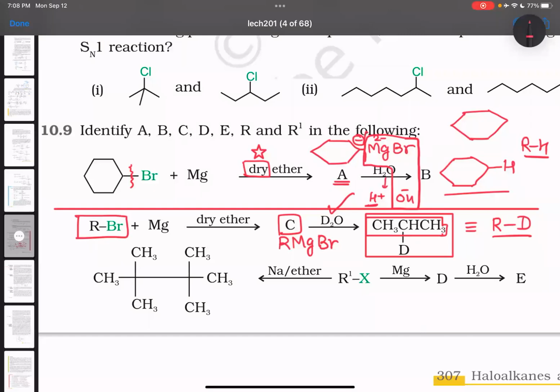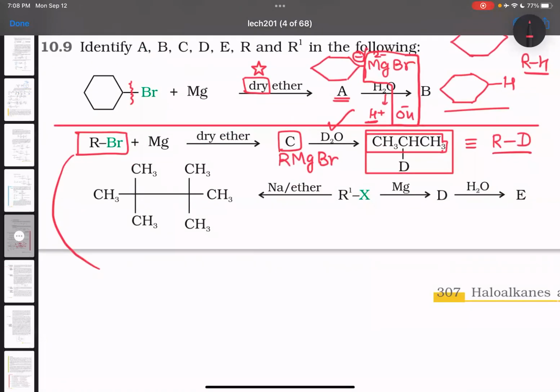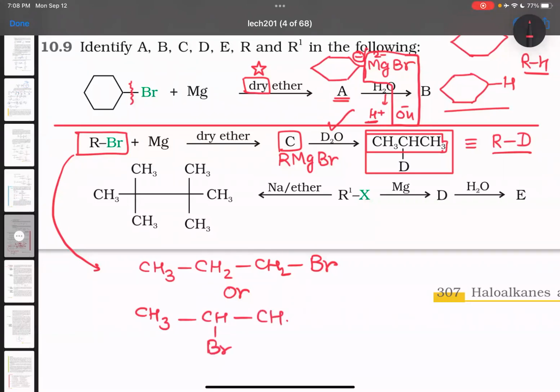Was it 1-bromopropane or 2-bromopropane? The RBr which you reacted with magnesium initially, was it 1-bromopropane or 2-bromopropane? Sir, it was 2-bromopropane. Yeah, 2-bromopropane, not 1-bromopropane.